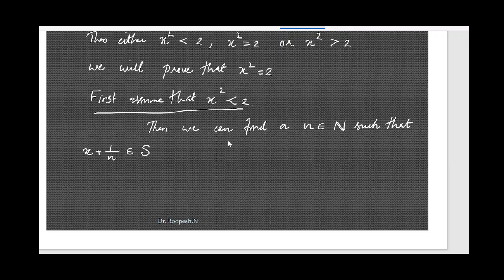Will it be possible to find such an n? Let us see. Now suppose x plus 1 by n belongs to S. Then what will happen? Then x is not an upper bound of S, right? So we want to prove existence of such 1 by n.